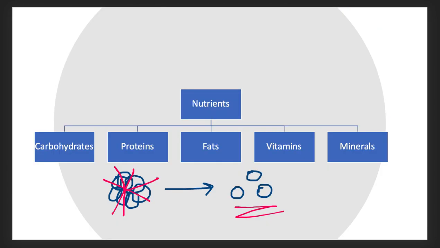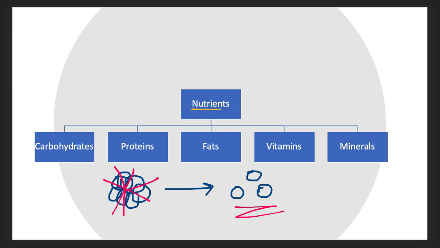I'm going to again take you back to this slide. As I told you earlier, nutrients are very large molecules, and they need to be broken down by the body in order for it to be able to use them. So to break these larger molecules into smaller parts, we take the help of the digestive juices and the enzymes.